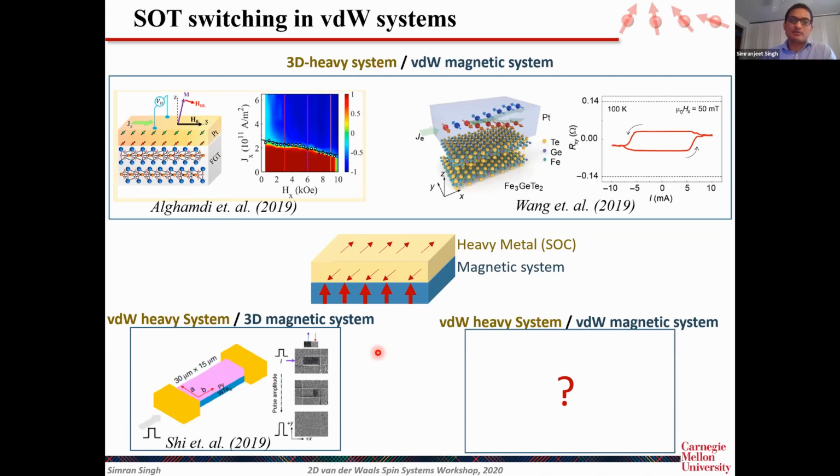One of the things missing so far in this field is how we can achieve efficient switching of a magnetic system using a van der Waals magnetic system and a van der Waals current source material.